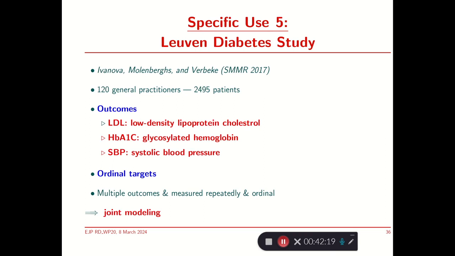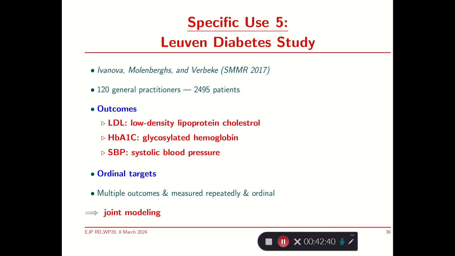This is an observational study, the Leuven diabetes study. It's a general practice study, 2,500 patients, and we have three outcomes: LDL cholesterol, hemoglobin, and systolic blood pressure. So we have three ordinal targets on a 4-point scale each.